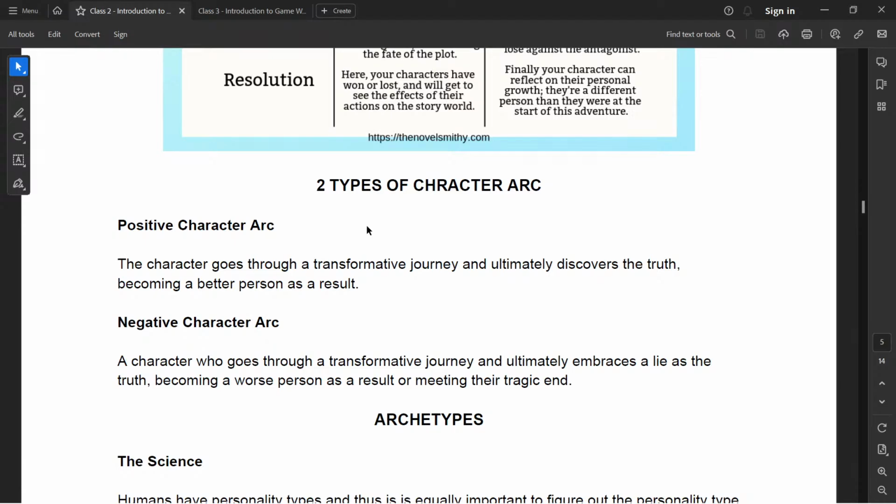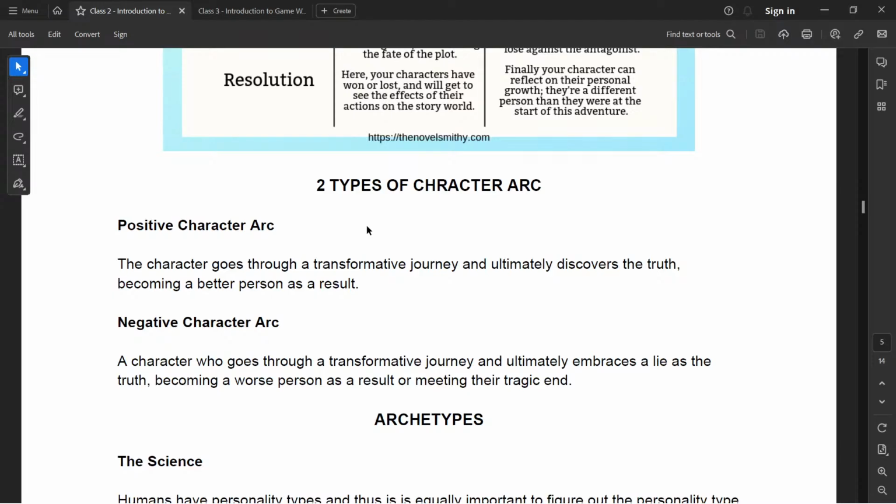The main character discovers that he is also the cause of the plague that gives all of these people abilities, and the only way to remove the plague from the entire nation is to remove all of the powers from all of the other people who had abilities. But in doing so, he would also die, and that would be his truth. He sacrificed himself and became a better person at the end. So that would be the positive character arc.